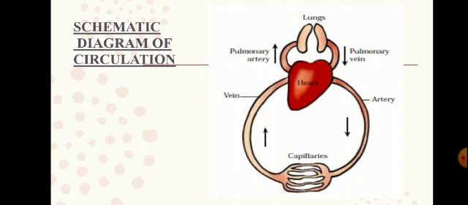The pulmonary vein is a special blood vessel that connects the lungs and the heart. It carries oxygen rich blood from the lungs to the heart. Okay, the pulmonary artery goes from heart to the lungs, but the pulmonary vein connects lungs to the heart.